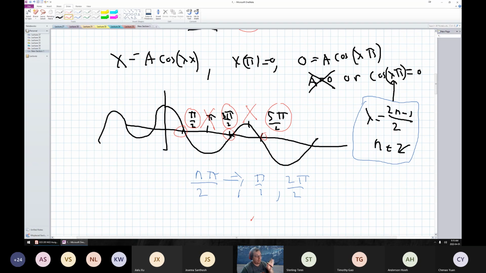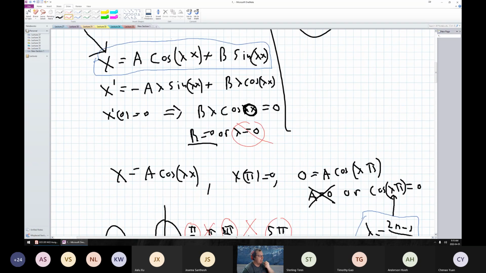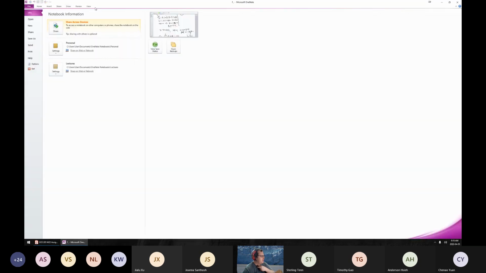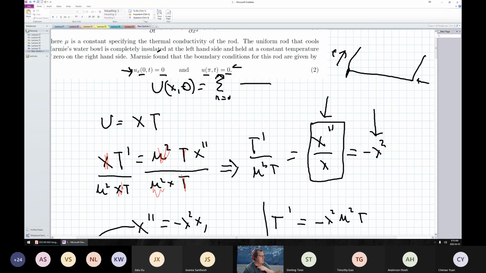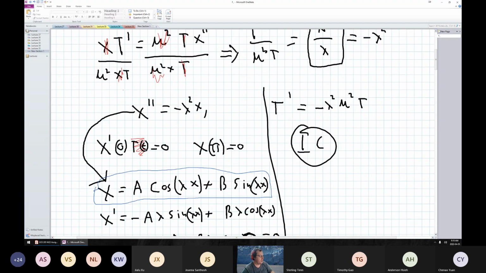This purely comes around because I have these 2 boundary conditions. If I didn't have this derivative here, then I would have sine. I would be looking at the zeros of sine, and sine is 0 at integer times pi, so there I would just use an integer times pi.